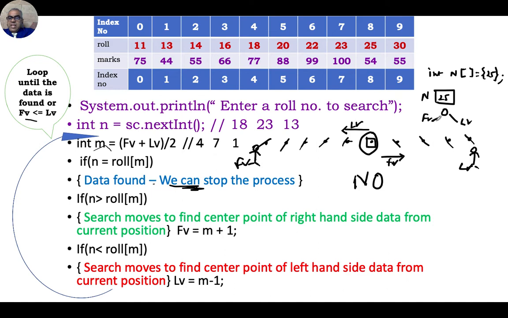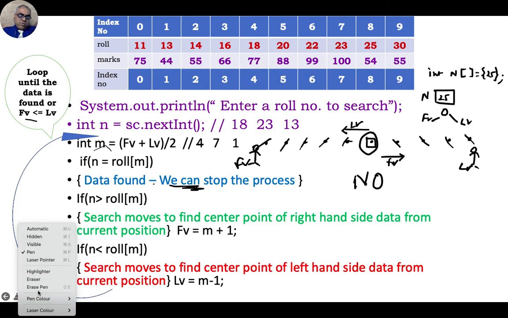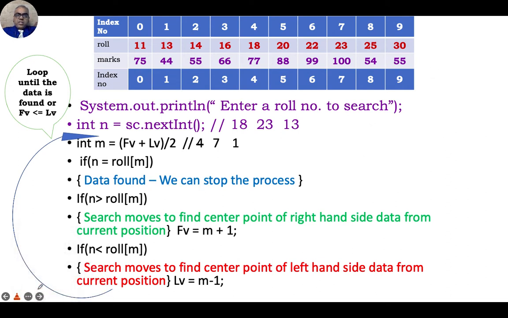Like as I said, in a best situation it can be same. You can come to a same student, you can come to a same data, but you cannot cross FV and LV, because the moment it is crossed and data is still not present, it means there is no data. I will prove this with the help of an example. Okay, so let us understand this example before we get into the actual program. So let us pick up a number which is not present.